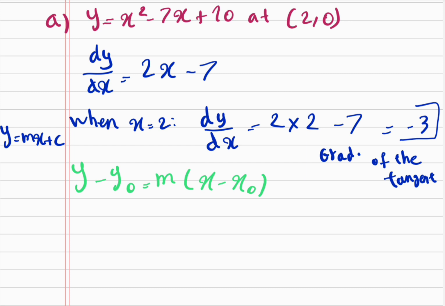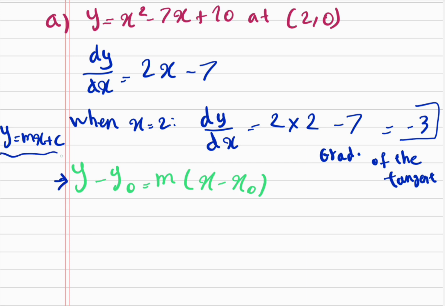If you want to use this form, the problem is that it takes longer. And also in some other questions which you will see later on, using this formula is much better.